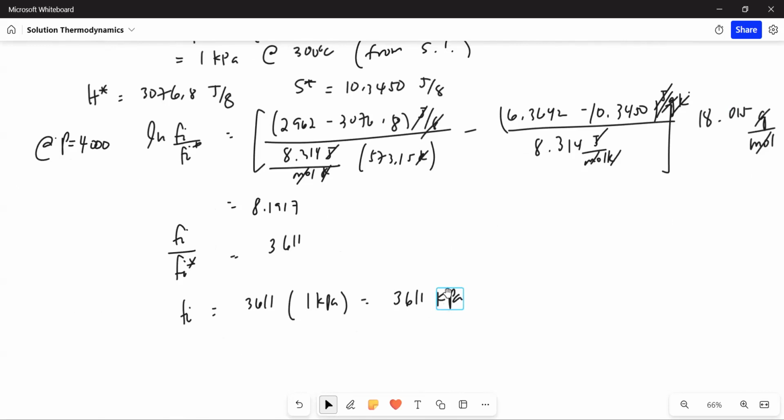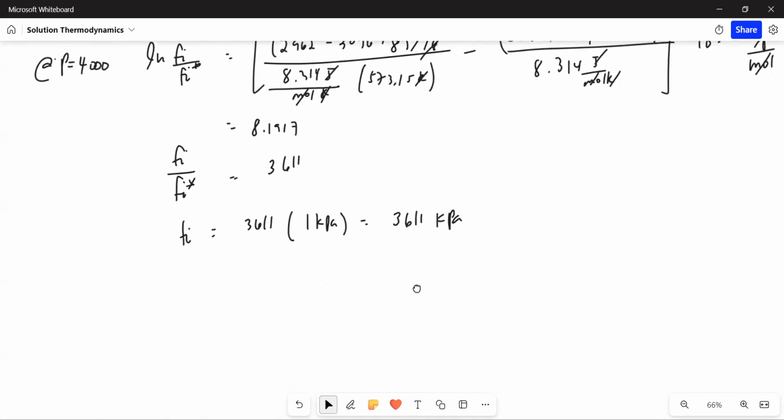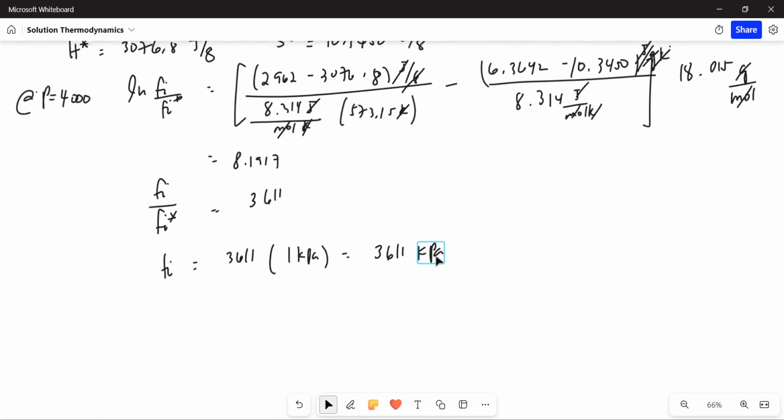So that's why fugacity is like our representative pressure. So that's one way to interpret that. This is the pressure of an ideal gas with the equivalent molar Gibbs free energy and temperature as a real gas. Okay, so let's move on.